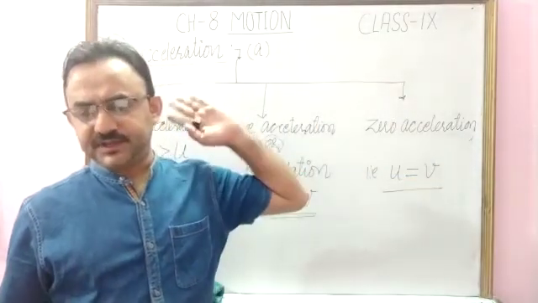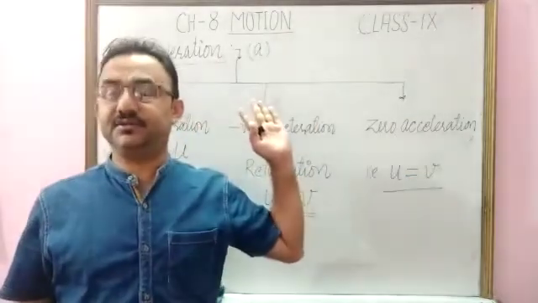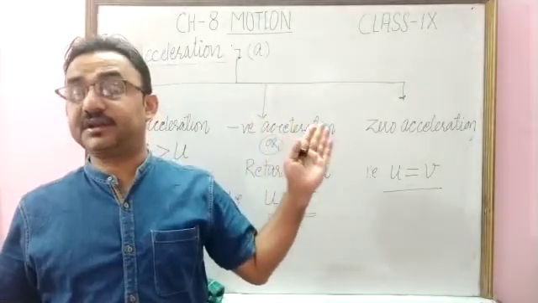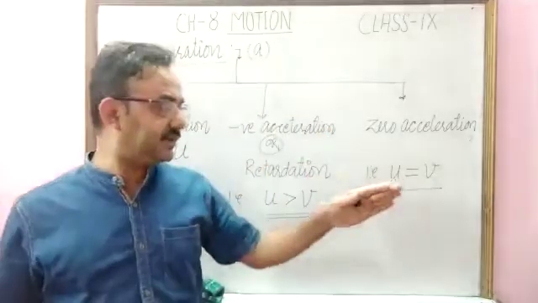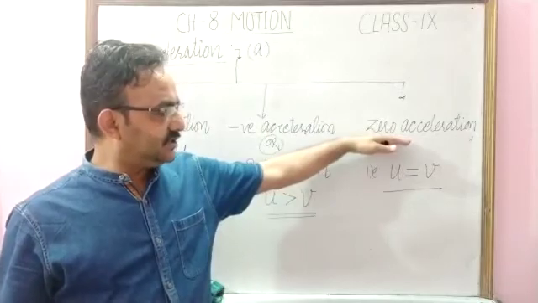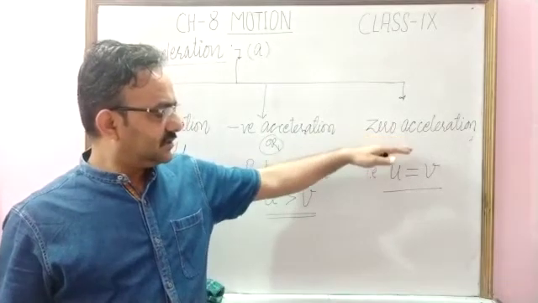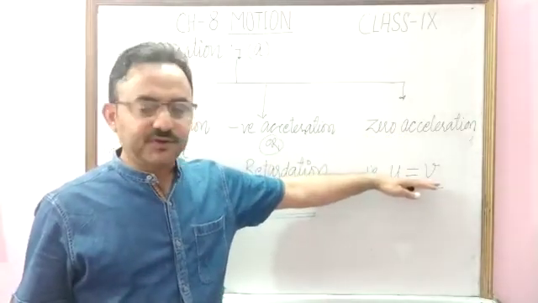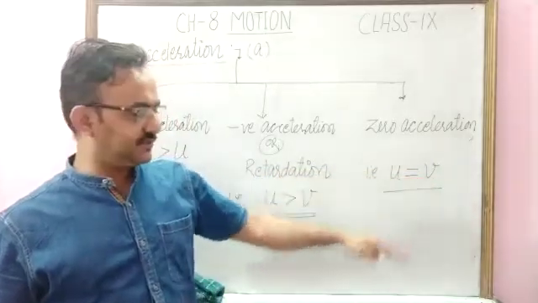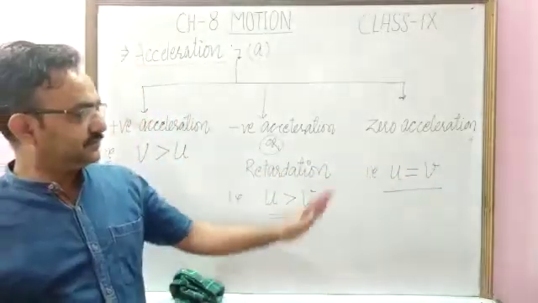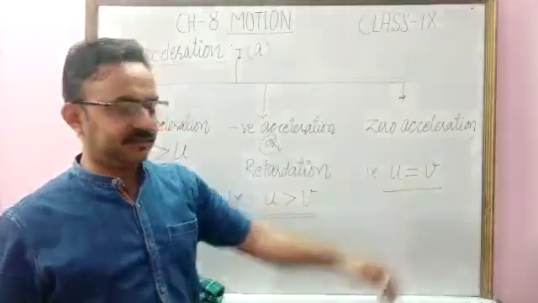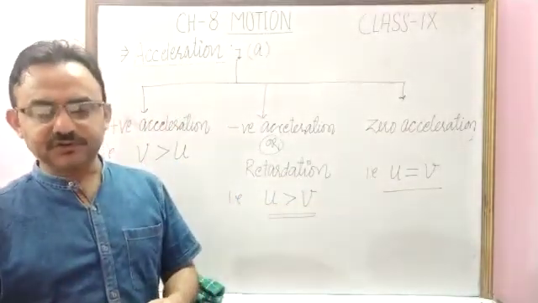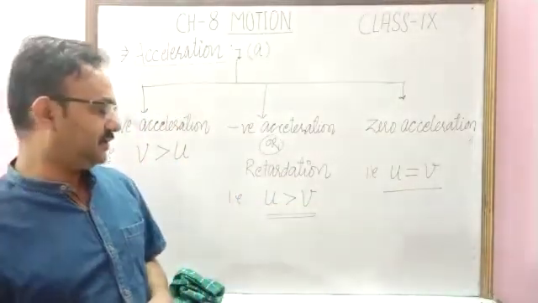As per the definition of acceleration, you have written rate of change of velocity, but in case of zero acceleration there is no change in the velocities. Then you will get zero acceleration. Clear?